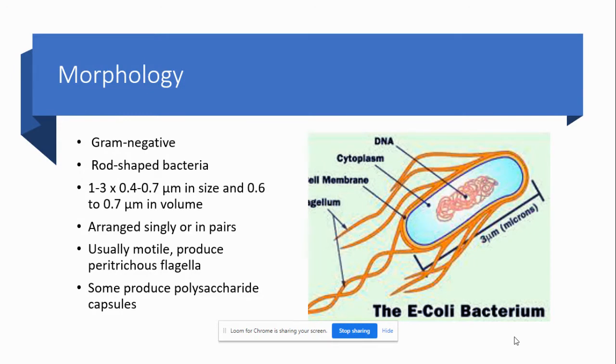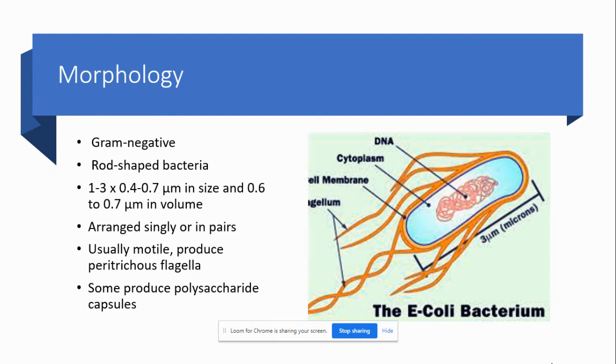The morphology of E. coli, it is a gram-negative bacteria and is rod shaped, as you can see in this picture. The size is 1 to 3 times 0.4 to 0.7 micrometers, and is 0.6 to 0.7 micrometers in volume.